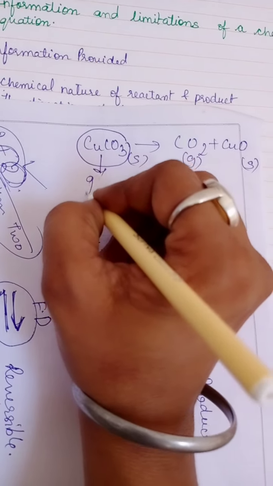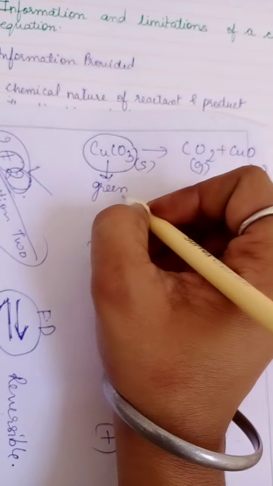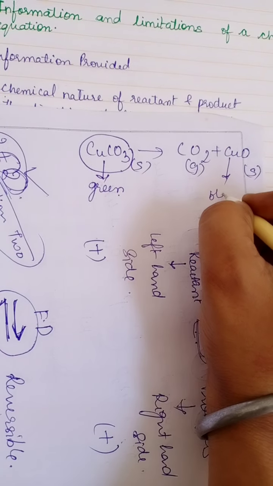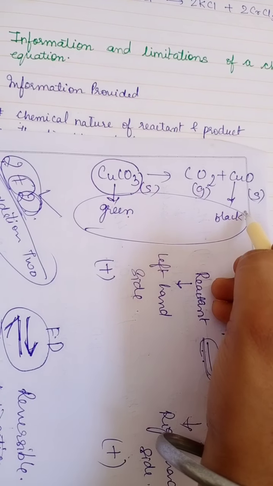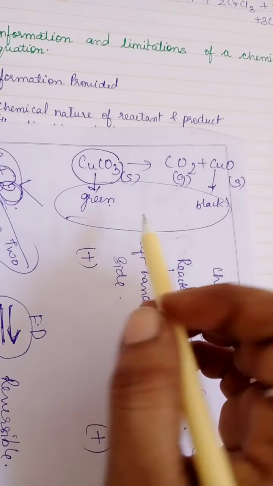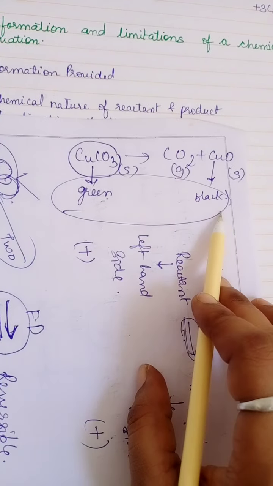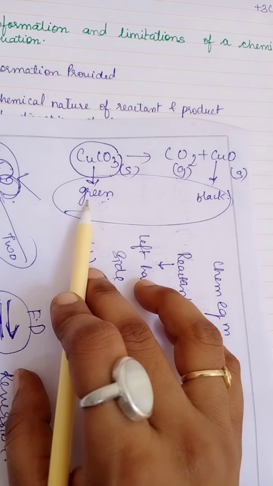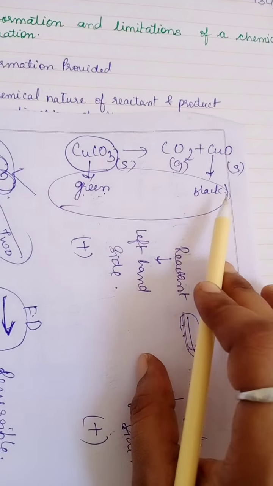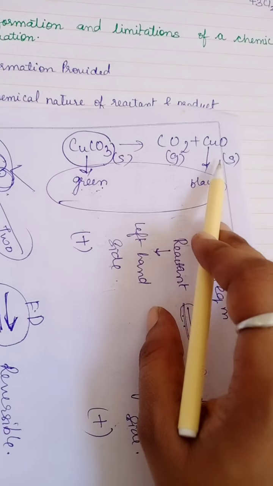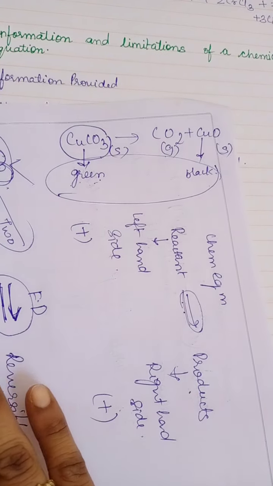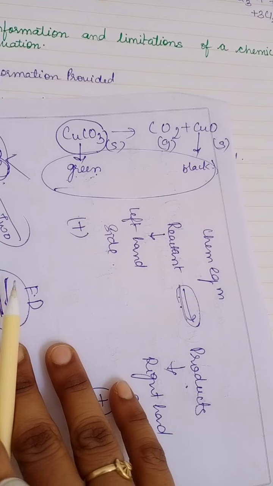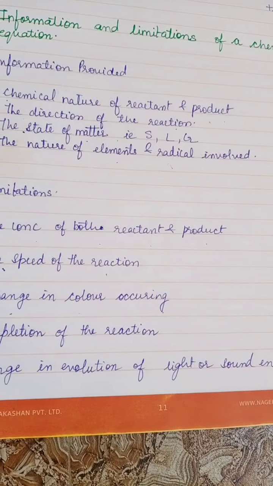Now if I mention here, copper carbonate is green and copper oxide is black in color, then by looking at this you can tell there is a color change. Copper carbonate is green in color, which is turning into black copper oxide. But this information is never provided in the equation.